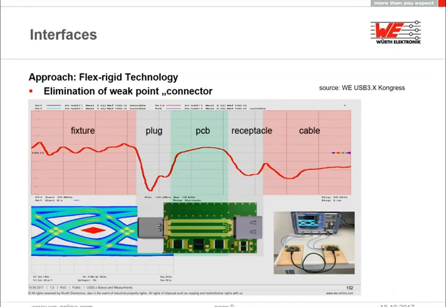So every plug could not be as good as the PCB in this case. So using Flexrigid technology finally can eliminate the weak point, the connector.